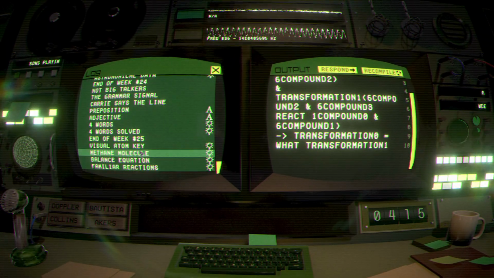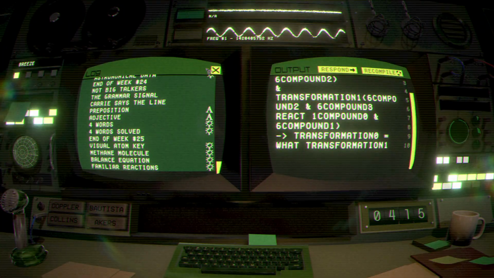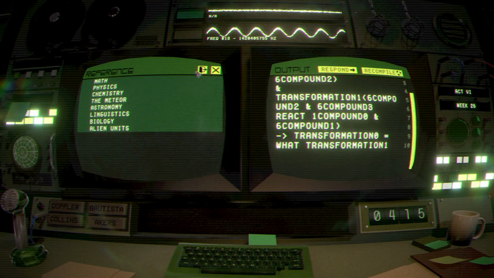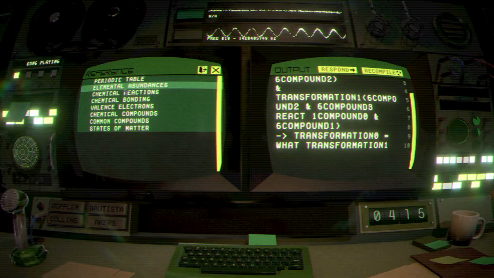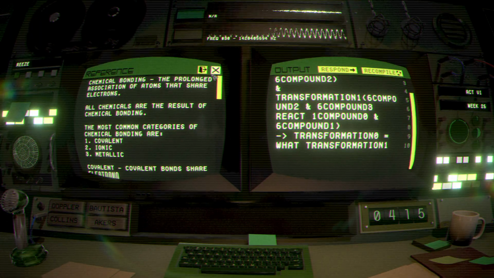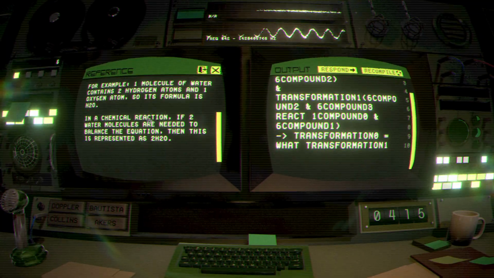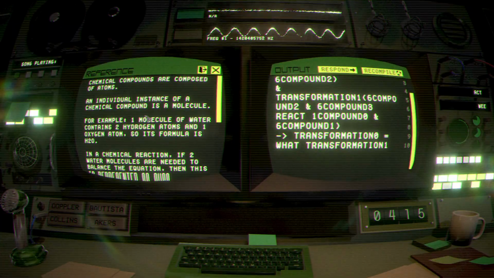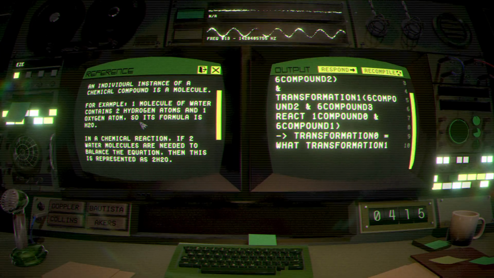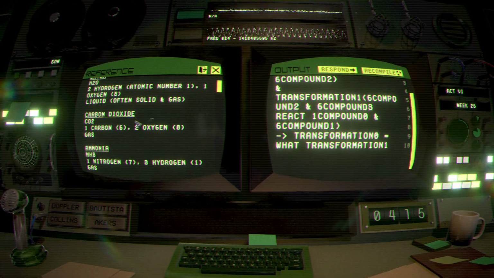Alright, what'd they say? It's something in the chemical tab, I know. Something in the reference tab. Not physics. It's gotta be chemistry. Compound.